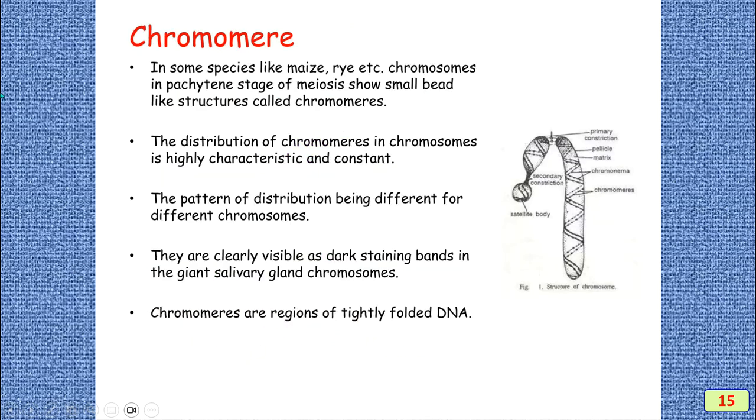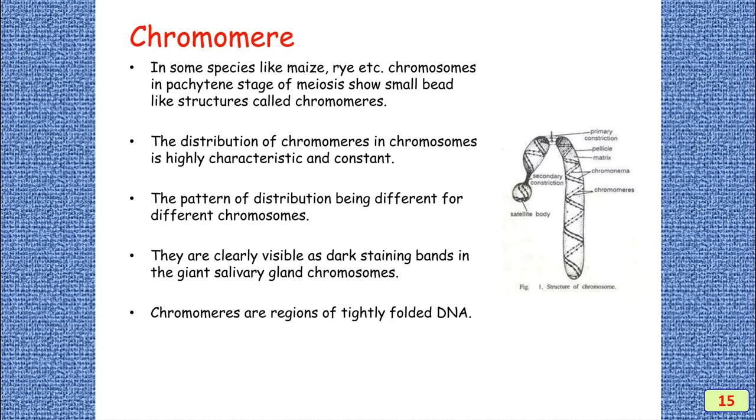Satellite chromosomes are often referred to as nucleolus organizing chromosomes. Then the chromomere: this is the structure of a chromomere. In some species like maize, rye, etc., the chromosomes in the pachytene stage of meiosis show small bead-like structures called chromomeres. The distribution of chromomeres in chromosomes is highly characteristic and follows a constant pattern.